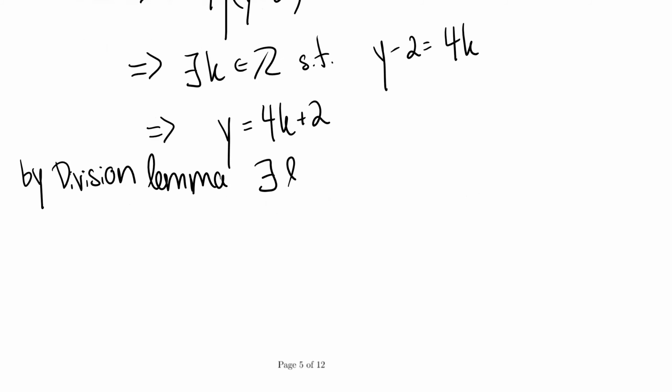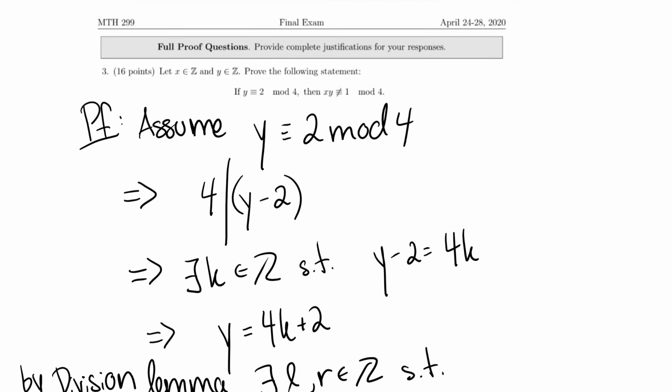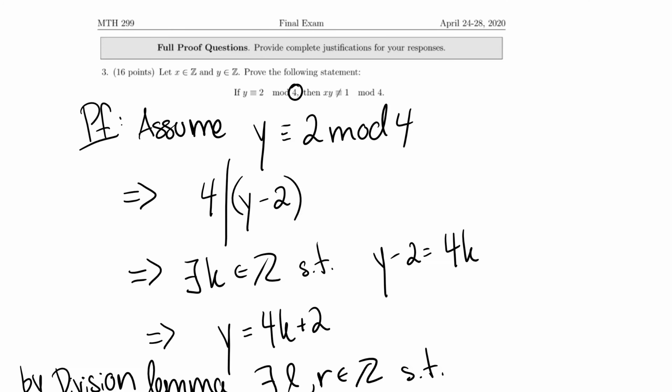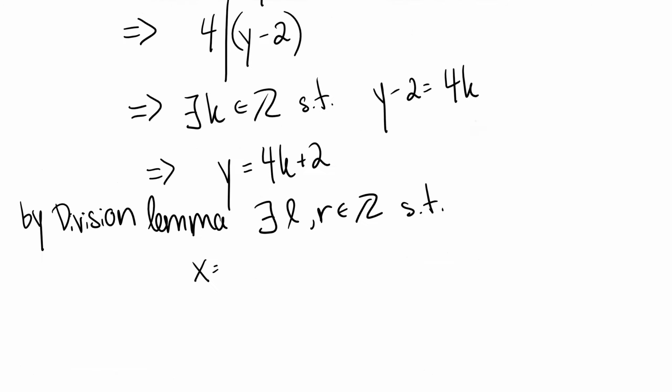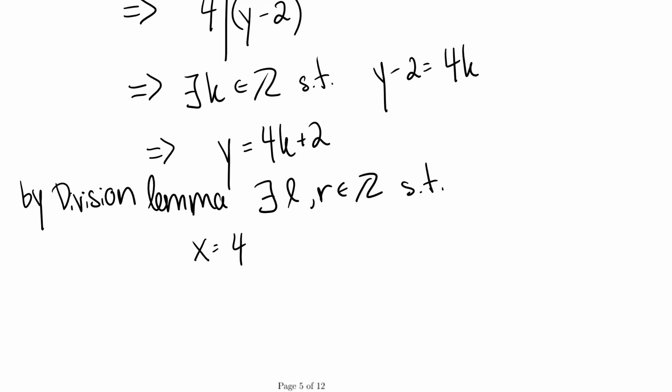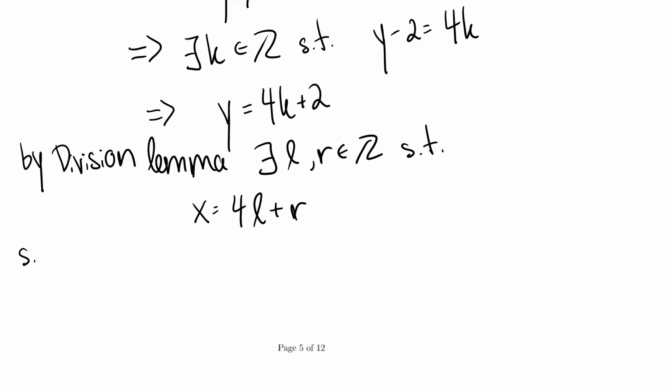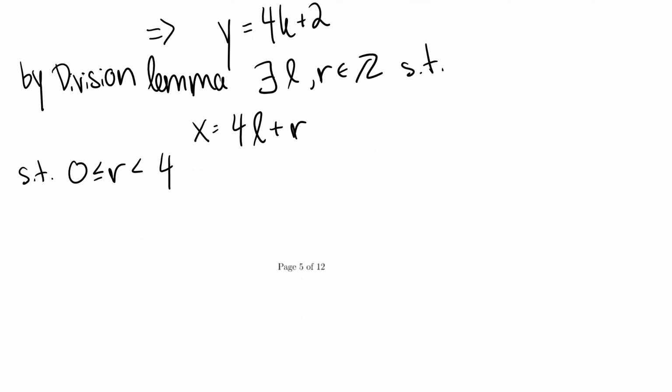There exists some, maybe we'll use L and R, integers, such that x equals, and remember, the special number that we typically use is the number we're modding by, so 4. So x equals 4L plus R, such that 0 is less than or equal to R is less than 4. So R can equal 0, 1, 2, or 3.